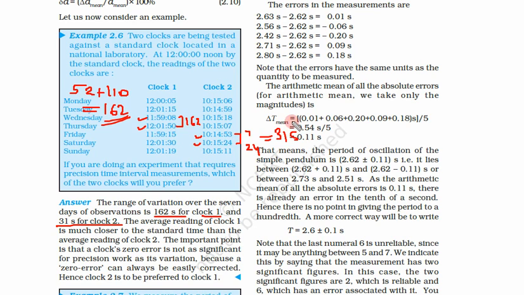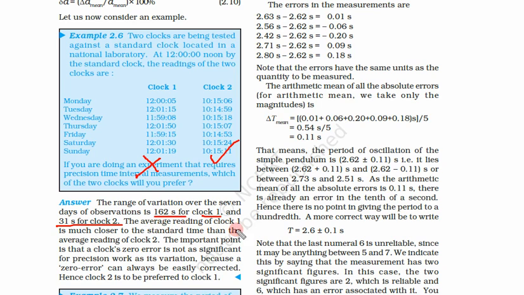So the difference in readings of this clock is 31 seconds, and for this clock 162 seconds. That means this clock is varying far more than this clock. So this clock is not very precise, and this clock is much more precise.